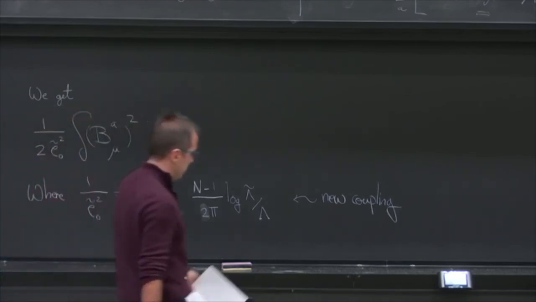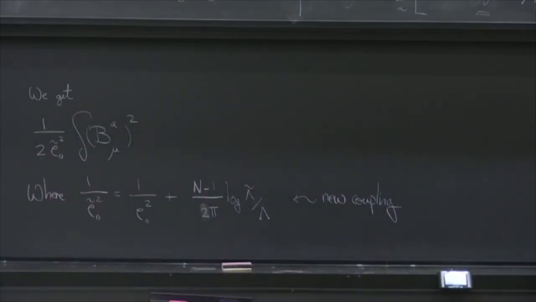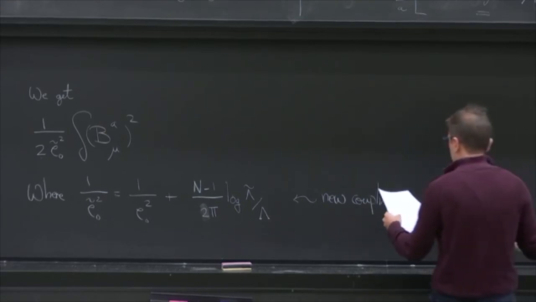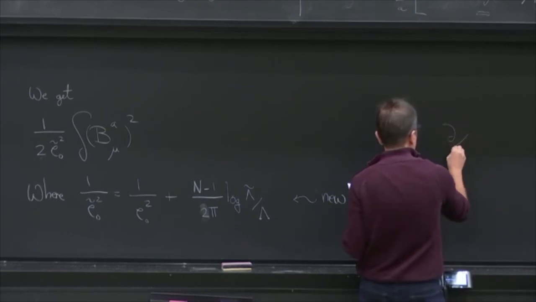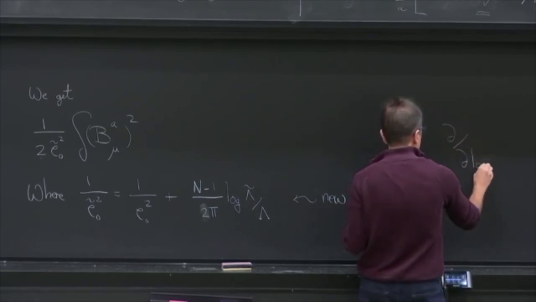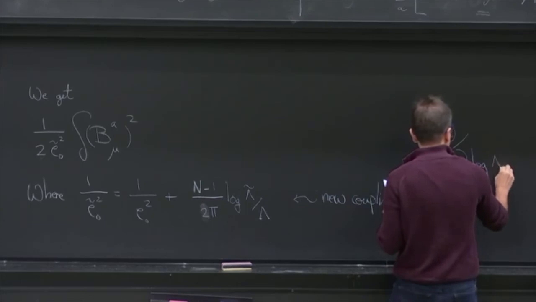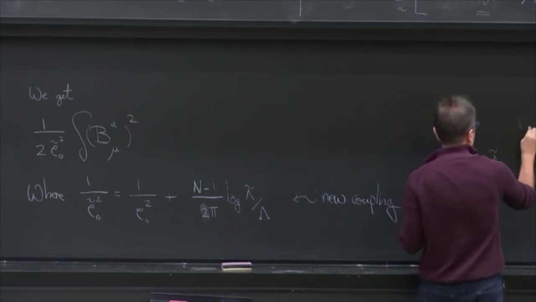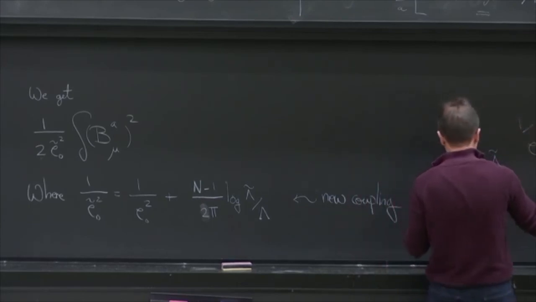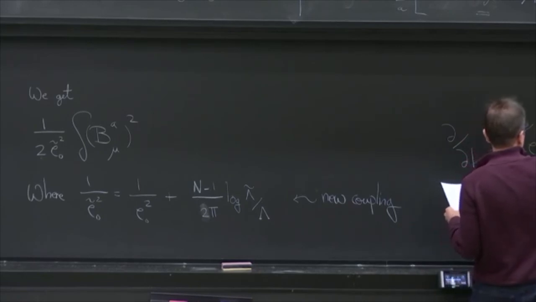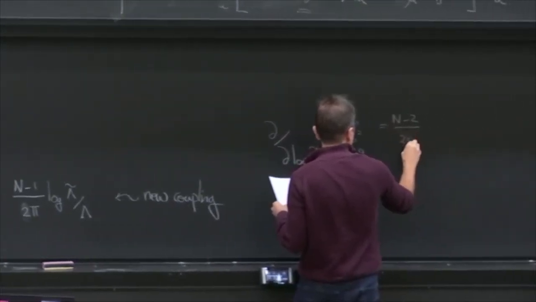And in particular, it's useful to write it in the following form. This equation, you can easily see that this means that the derivative with respect to the logarithm of the cutoff of 1 over e0 squared is equal to n minus 2 over 2 pi.